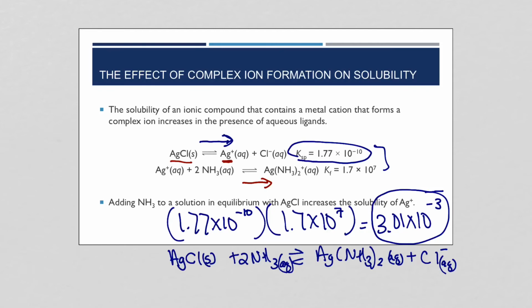And so our net effect is still dissolving the silver chloride, but by combining it with this complexation, we have a much more product-favored equilibrium with this equilibrium constant, as opposed to only our KSP without the ammonia, which is a much smaller equilibrium constant.